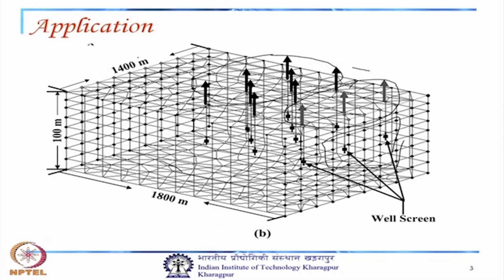This is the size, 1800 meters, with 100 meter thickness of the aquifer and 1400 meters, and this has been modeled using FEM water. So, these are the well screen levels.